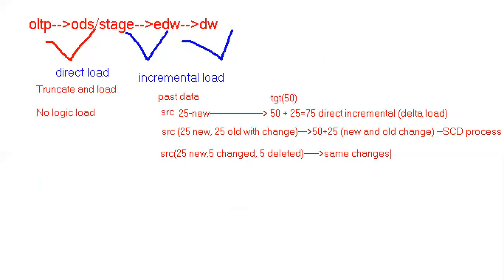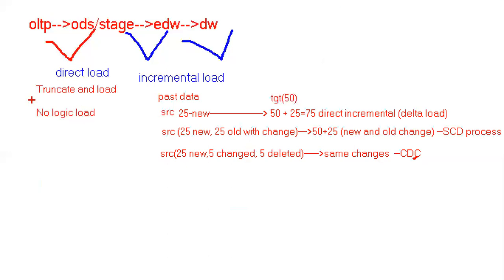Then we go for a concept called CDC. CDC will keep source and target in sync. Whatever happened at the source database level, if you want to pull the same to the target, then go for the CDC mechanism. So either this or this you will find in real time. Are you okay?